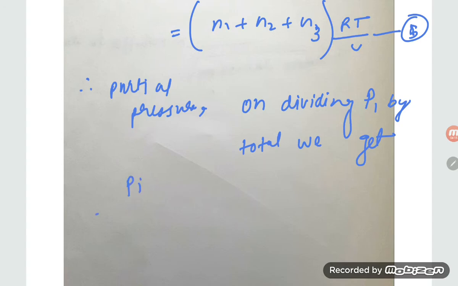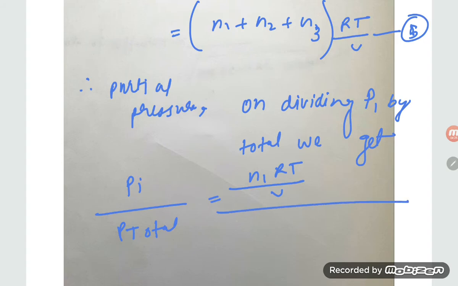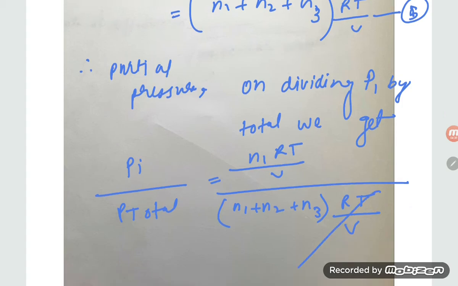Pi by P total is equal to N1 RT by V divided by N1 plus N2 plus N3 times RT by V. Students, RT by V cancels out.